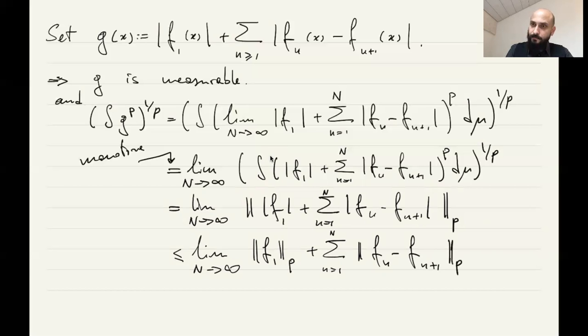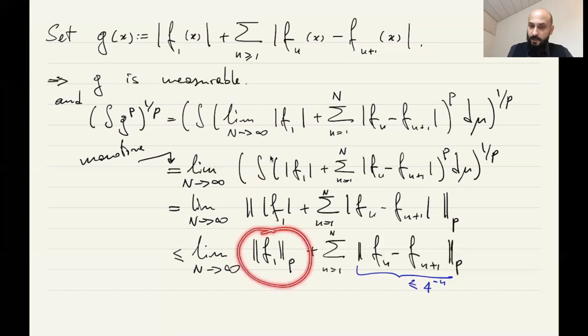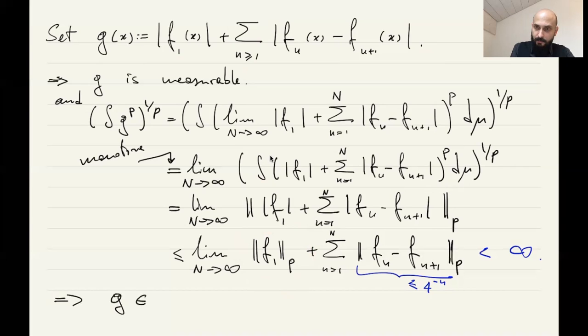Good. Now, what we had is that this L^p norm was less than or equal to 4 to the minus n, which means that this series converges to a finite value. This is also finite. So what we understood is that this bound that we got is finite. In other words, what we proved is that g is in L^p, the p norm of g is finite.